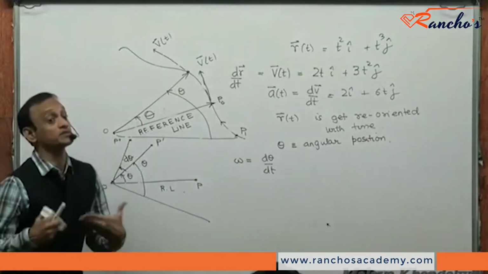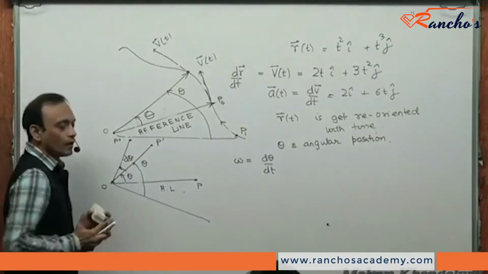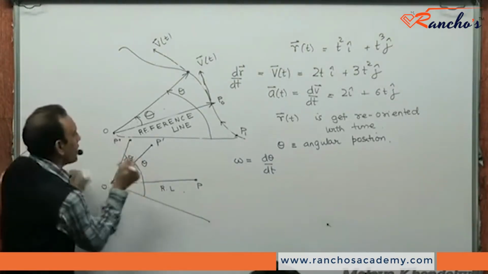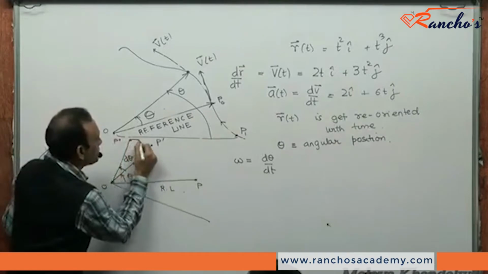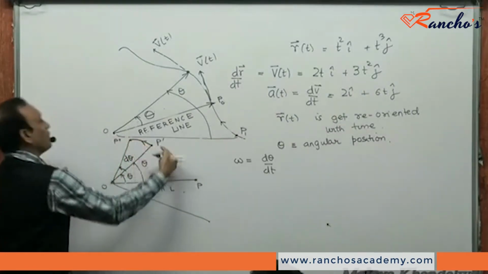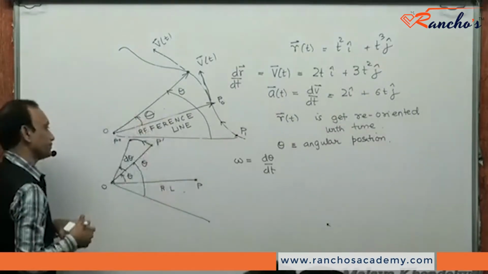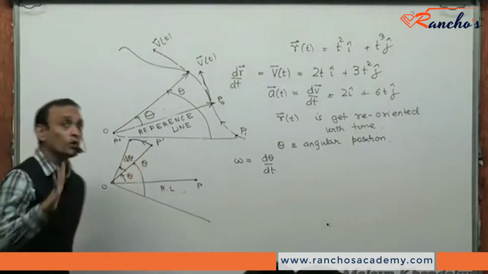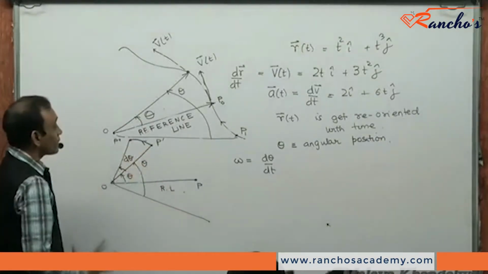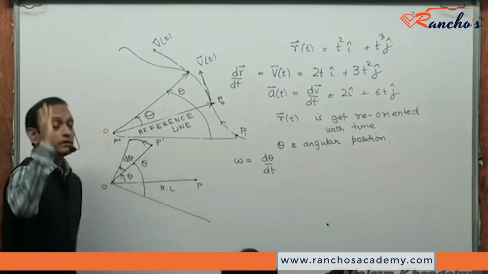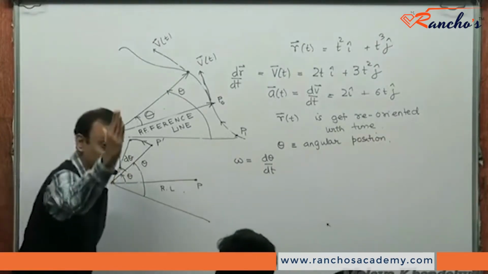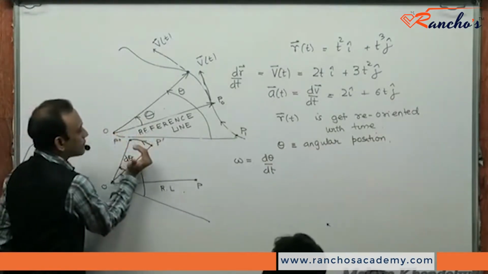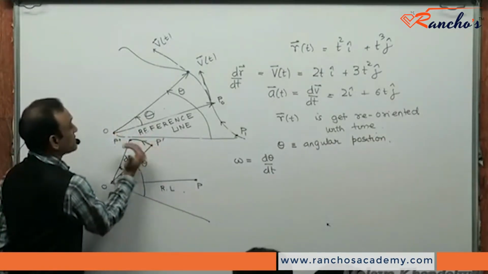What about the direction of the angular velocity? In this case, the particle went from P prime to P double prime, and this was my d theta, the angular displacement. What we do is we take the fingers of the right hand and curl them in the sense of d theta.